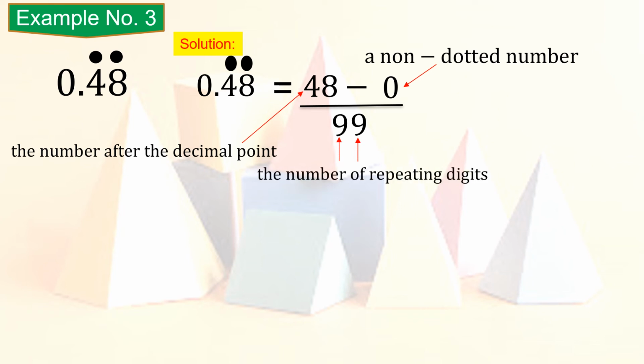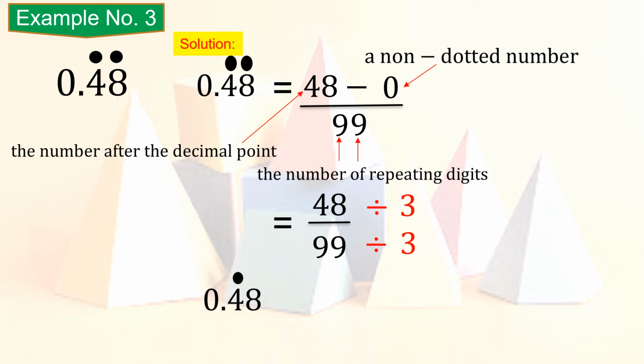And we don't have non-repeating decimals, so we need not write 0. So 48 over 99, these numbers are divisible by 3. Simplifying further to its lowest term, 48 divided by 3 is 16, 99 divided by 3 is 33. So we have 16 over 33.